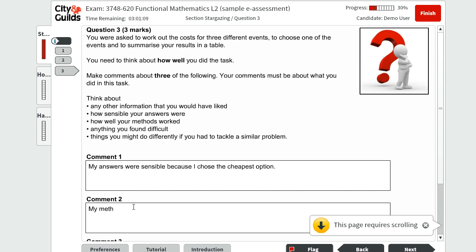Next one, you could say how well your method work. My methods worked well because the individual amounts were consistent within the group.